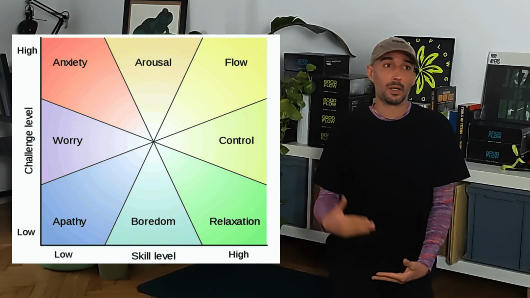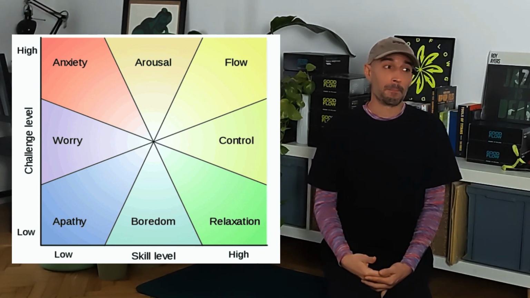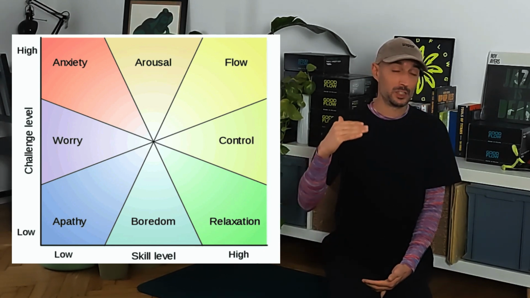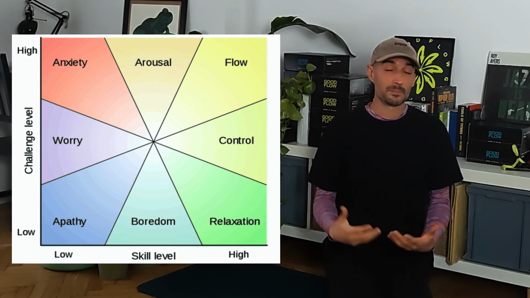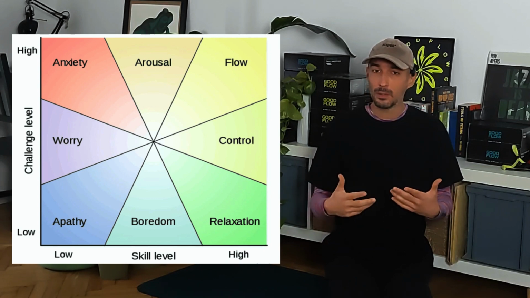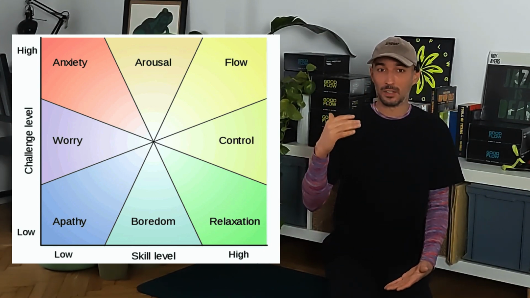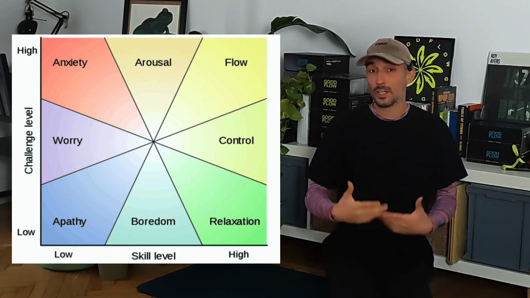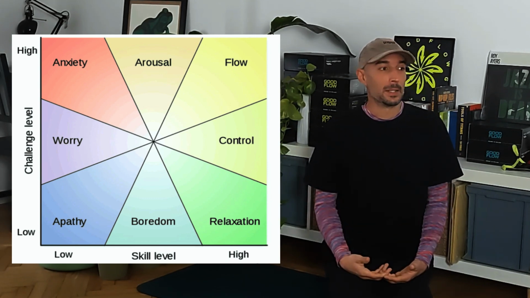If we go on increasing the skill level, but still the challenge is very low, we can feel bored, because we know more about what we are doing, but still we didn't set a high challenge level. So we really know what to do, but we don't feel excitement.